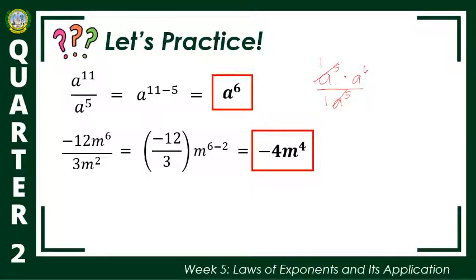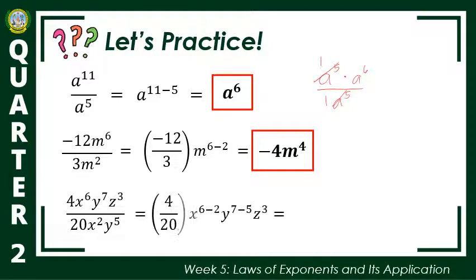Okay? Ayan. Next. So, medyo habaan natin ng konti at damihan ng variables. So, what if we have 4x raised to 6, y raised to 7, z cubed divided by 20x squared, y to the 5th power. So, let us separate the factors and apply the laws.